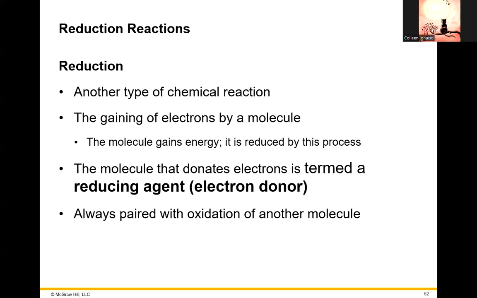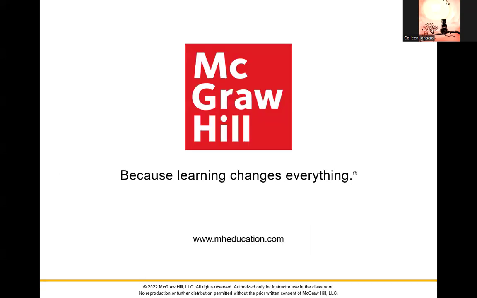And what happens is they're always paired with oxidation of another molecule. So in chemistry, we see oxidation reduction reactions. Because you have one, then you'll get the other. That's just how it works. For this class, you don't have to necessarily balance those equations, but just know that they're paired together.